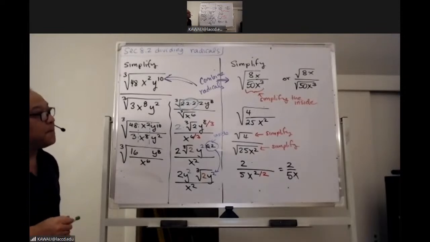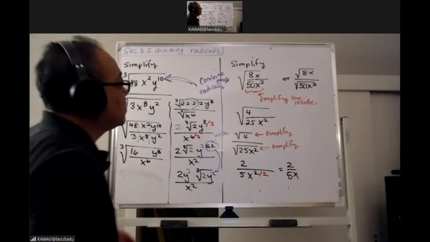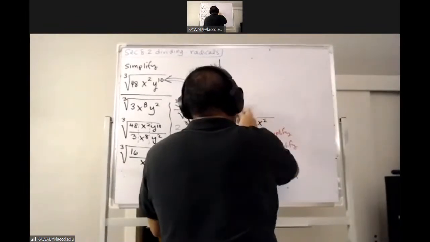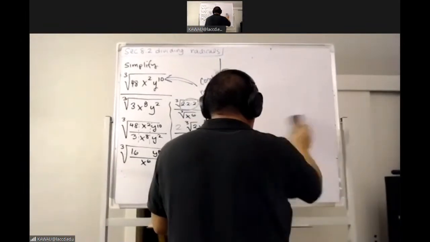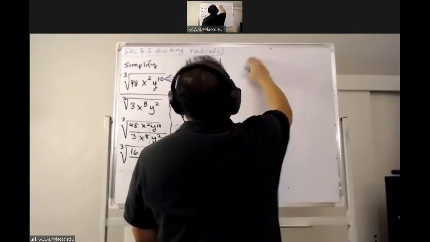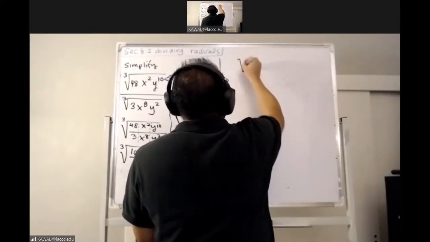Okay. Let's try one more. We got a decent number of questions on that, so let's do one more just like this. I'm going to leave this up there in case anyone else has questions. So we'll start with it combined.